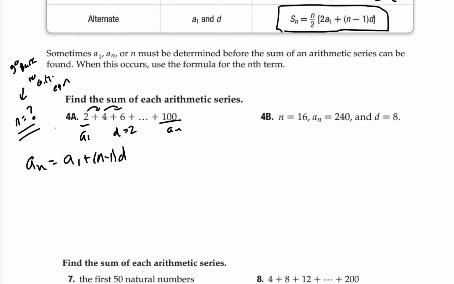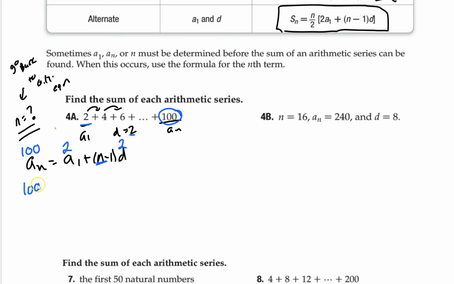Like we talked about before, I have things. I have A1, 2. I have the common difference, also 2. And then right here, AN, that's 100. Look at the only thing I'm missing, N. Anytime you're missing a certain term, always go back to the original formula.